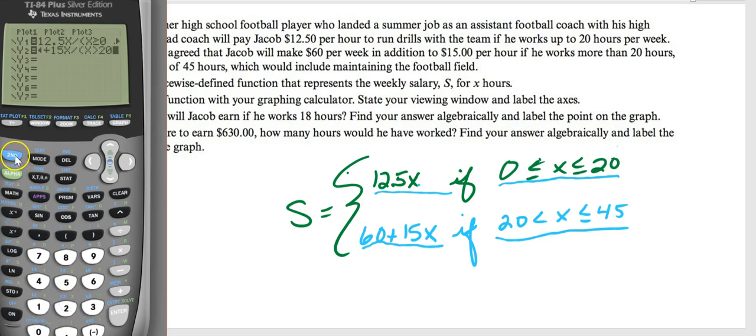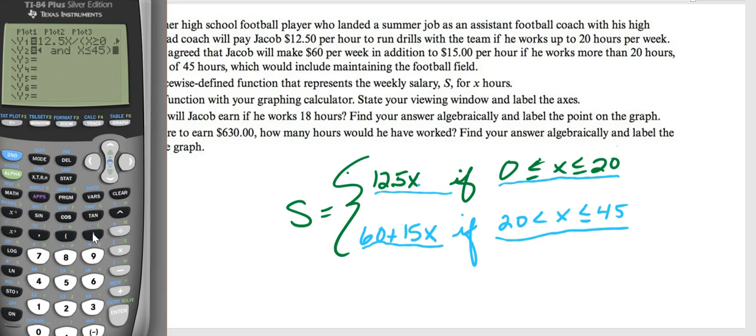I'll use the word and, so second math, tab to logic, and hit 1. And then x has to be less than or equal to 45. So x, second math, less than or equal is 6, 45. And then I'll always use my closed parenthesis.